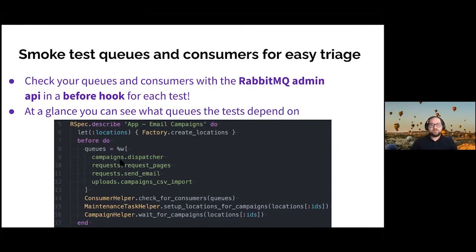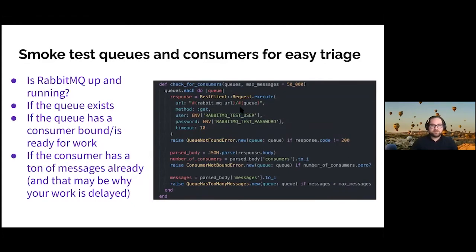And let's describe what that does. Here we're looping over each of those queues that we just passed in, and we're going to error immediately if we don't get a 200. What that means is the queue doesn't exist. Maybe it's not declared by the software under test. And that's great that we have that, because this has actually helped us with our Heroku infrastructure.